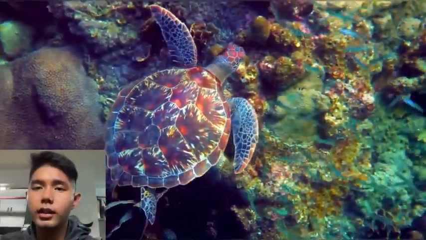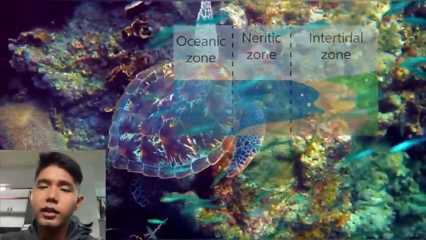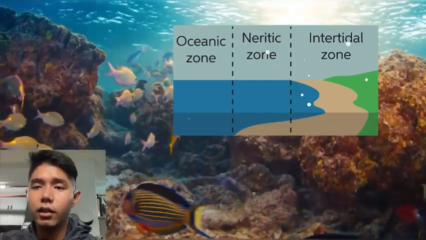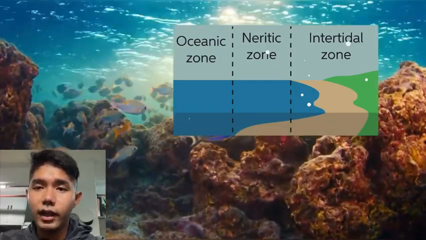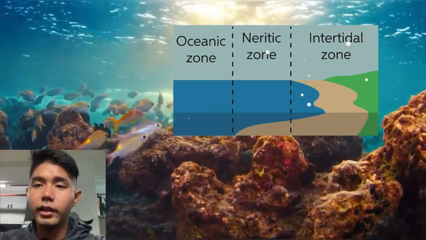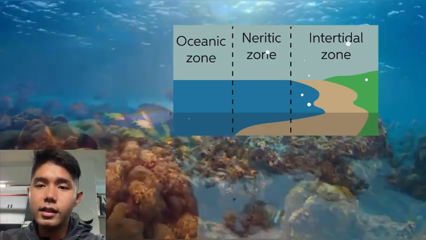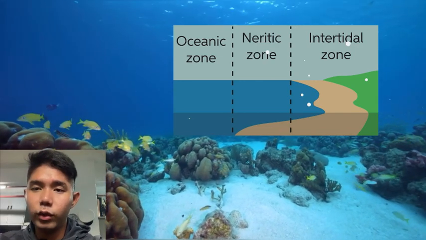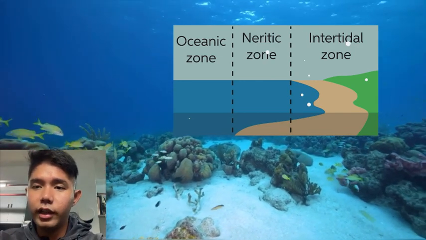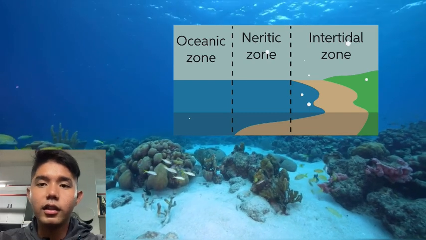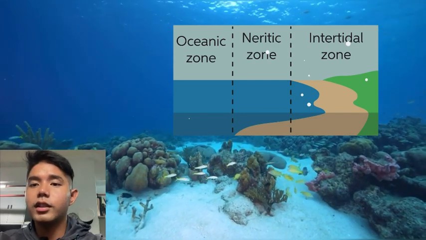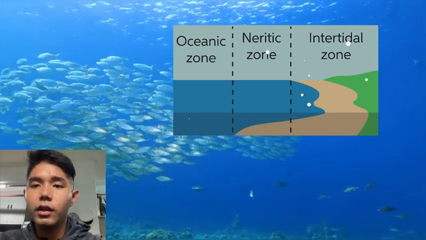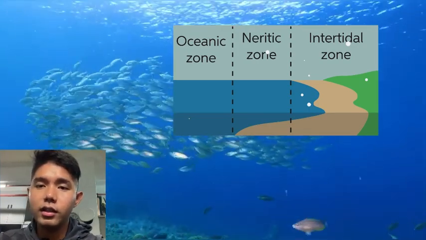Okay, the neritic zone is the top ocean layer closest to the coastline and above the continental shelf. This zone extends from the intertidal zone between high and low tide, to the edge of the continental shelf of the ocean floor, where the shelf drops off, forming the continental slope.